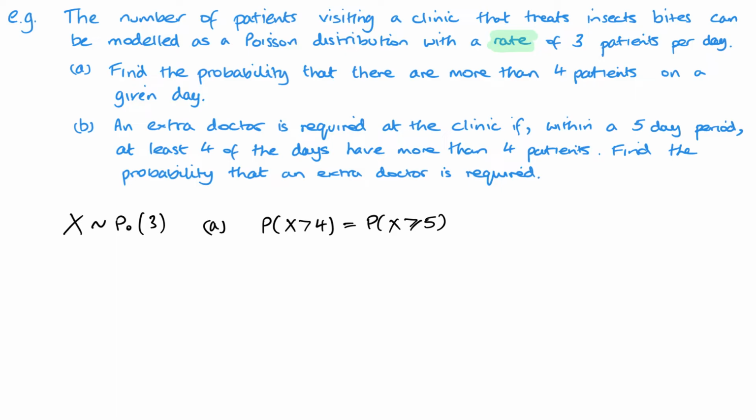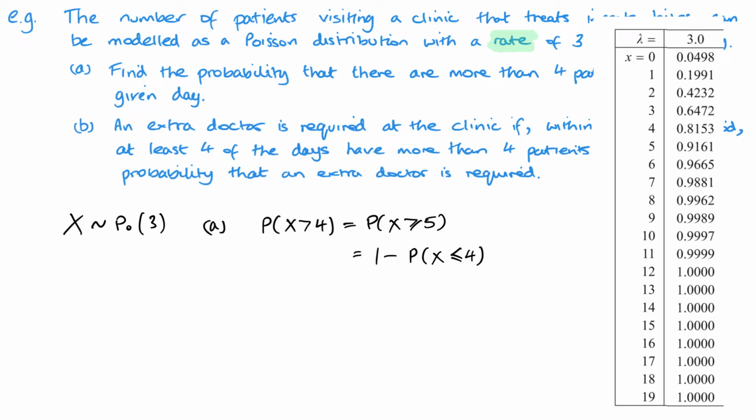Now, since this value of lambda, 3, is in my tables, what I will do is use my tables instead of any formulae. So here we're going to go 1 minus the probability that x is less than or equal to 4, because obviously greater than or equal to 5 is the same as 1 take away less than or equal to 4, and my tables are always less than or equal to.